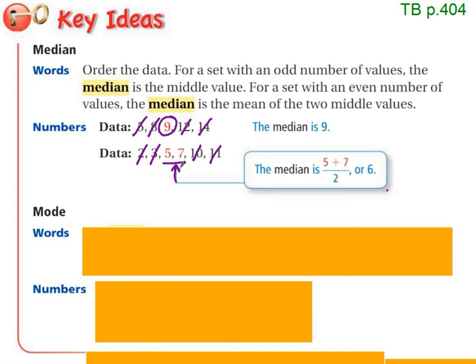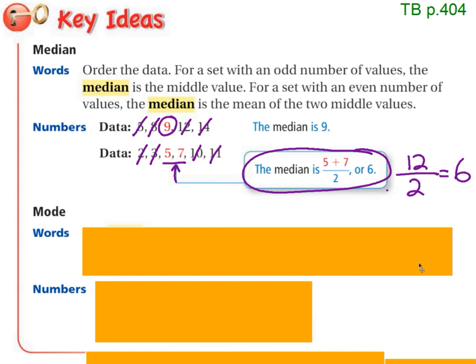In those cases, what you need to do is add together those two middle values, so 5 and 7. 5 plus 7 is 12. And then I divide it by 2 to find out what's exactly in the middle. And 12 divided by 2 is 6. This process always needs to be followed if you have an even number of pieces of data.